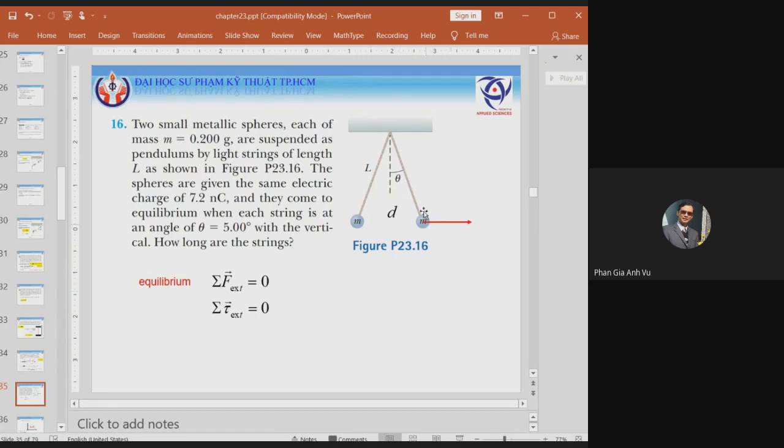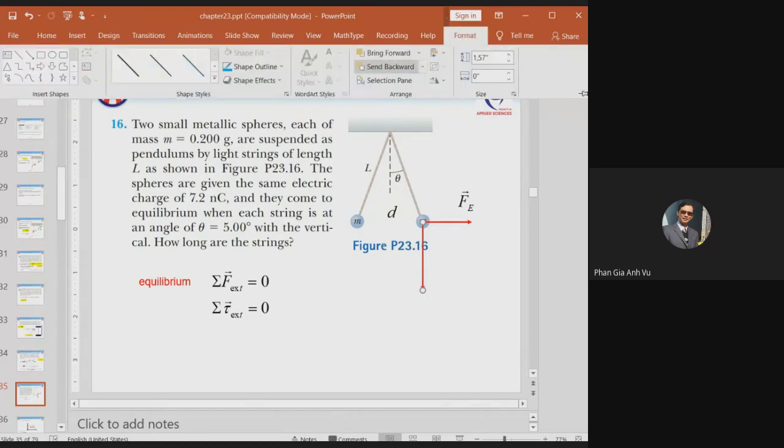Okay, so how many forces are there that act on this sphere? We have the electric force, right? Fe. We have 3. Okay, what are they? Electric force. Trọng lực, gravitational force, right? I put it in black.